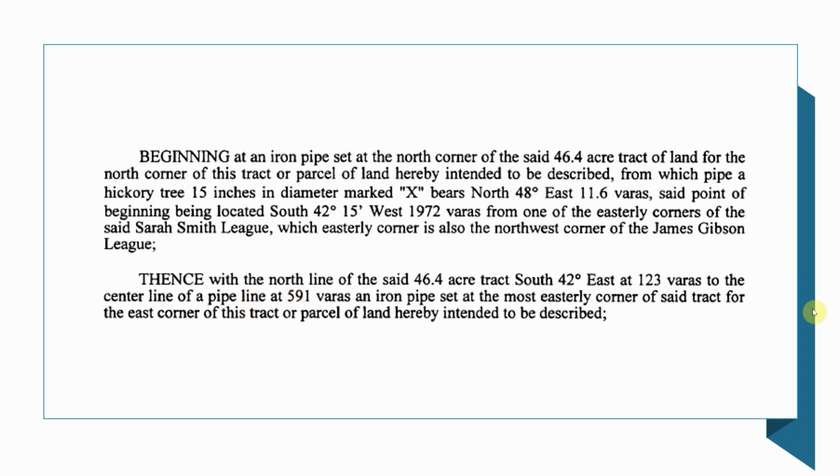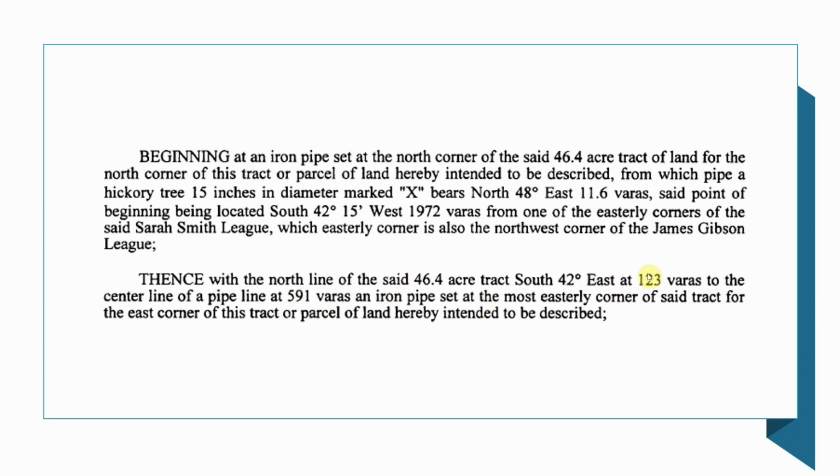In reality, this definition, the center line of this pipeline that we just got to, is separate. It's just a reference point along your 591 vara property line between your point of beginning and your next corner, your next point of monumentation. It's 591 varas from the point of beginning to the iron pipe.